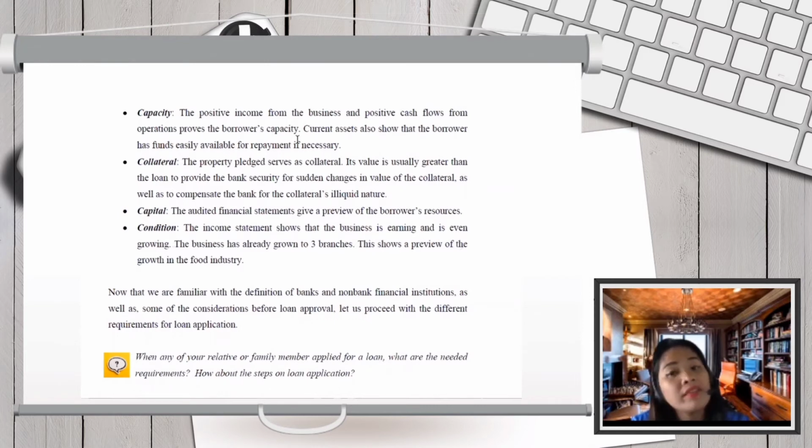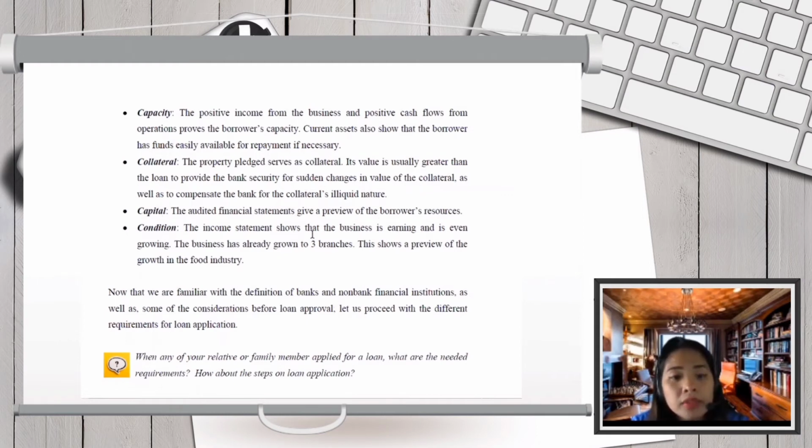for repayment if necessary. At sabi nga kanina, di ba, nakakabayad sila ng utang kung nalilate man ng bayad, pati yung interest na babayaran naman nila. So, meron silang sapat na collateral, yung property nila, yung kinatatayuan ng kanilang business, right? The capital, the audited financial statements give a free preview of the borrower's resources.